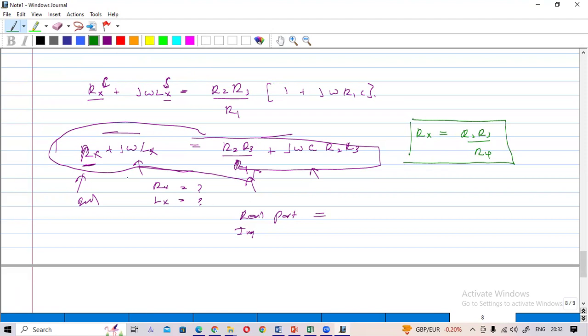In the same manner, this imaginary part equals this imaginary part, so j omega Lx is equal to j omega C R2 R3. j omega cancels out, then you can find Lx as C R2 R3. So now you can see that you can find the unknown resistor value Rx and inductor value Lx.